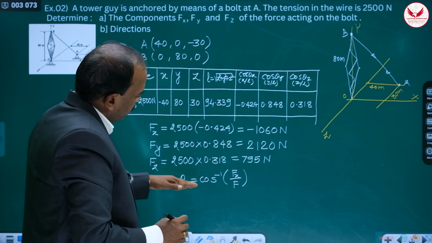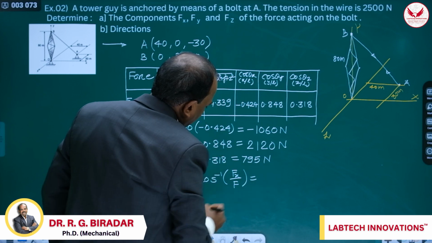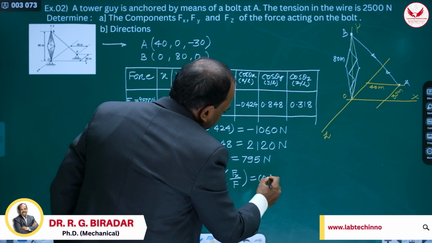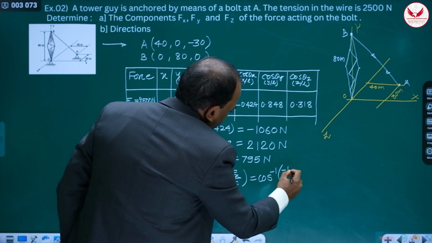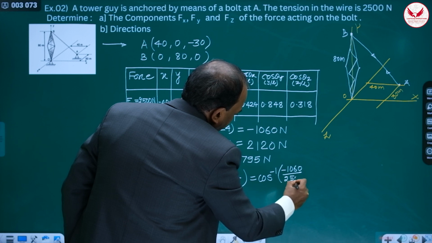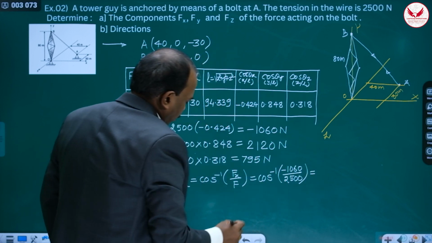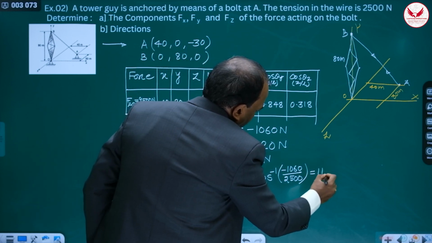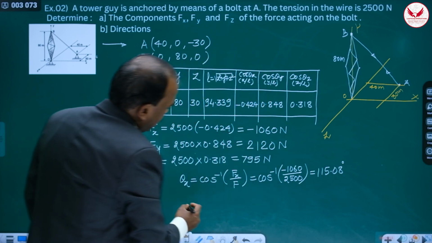So using that formula, theta x will be cos inverse of minus 1060 divided by 2500, and if you calculate it, you will get 115.08 degree. This is theta x.